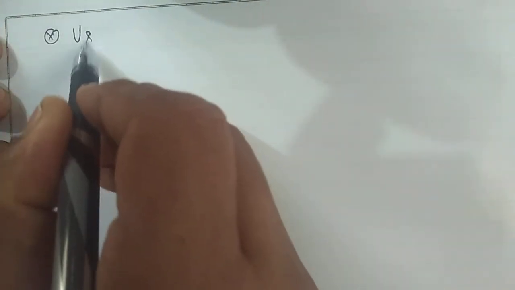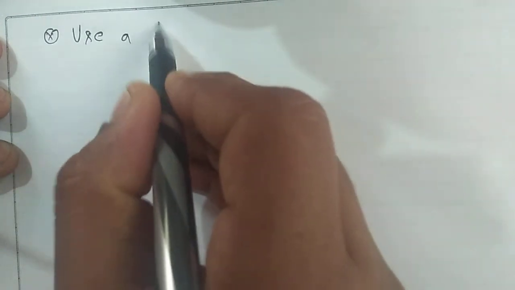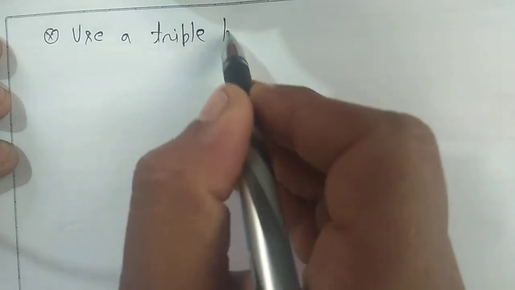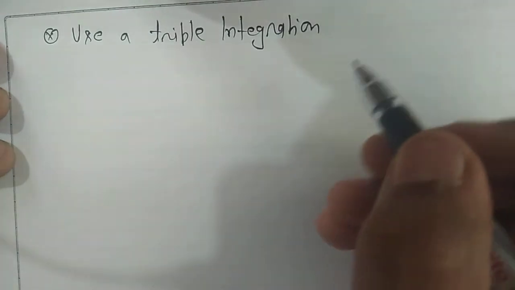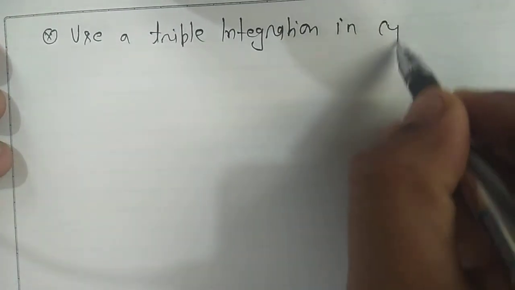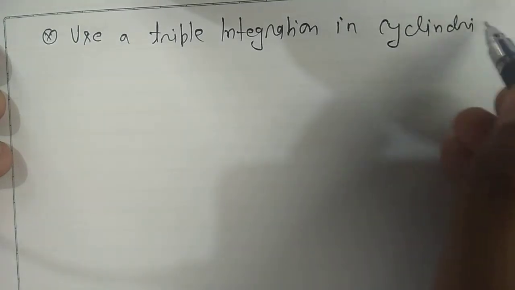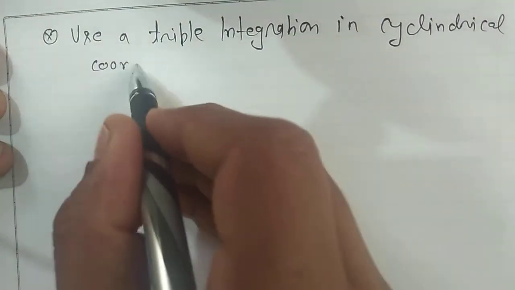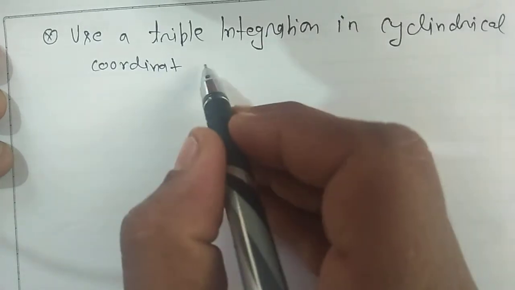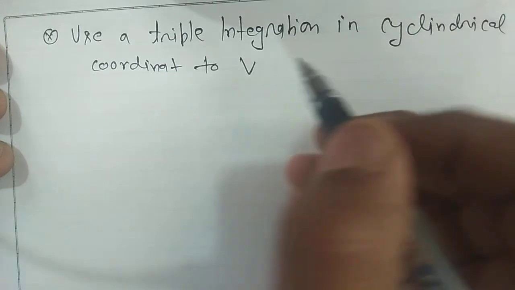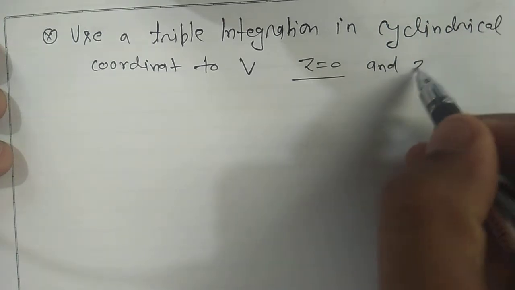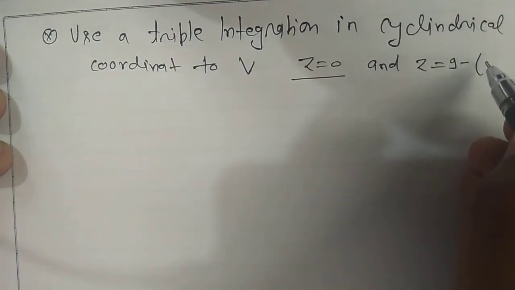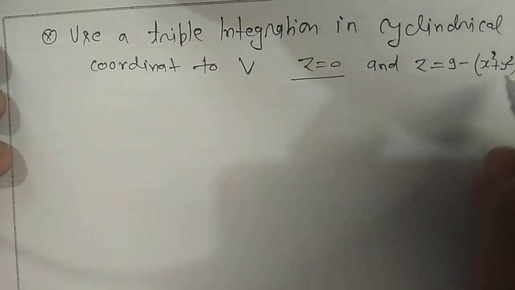Let us try to solve one problem. The problem is given: use a triple integration in cylindrical coordinates to determine the volume V of the solid bounded by z equal to 0 and z equal to 9 minus (x square plus y square).